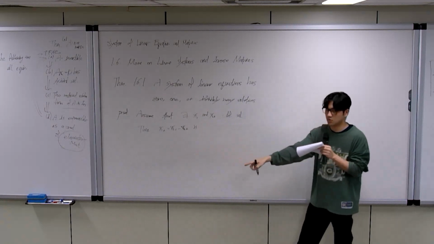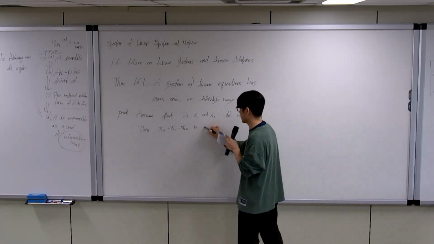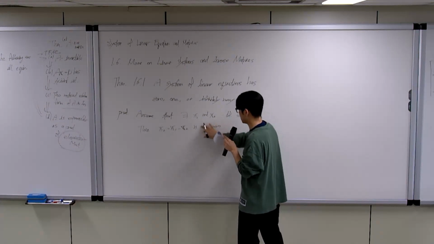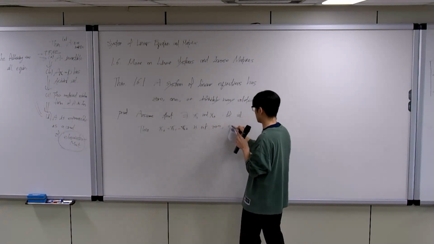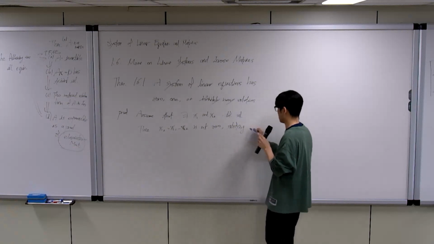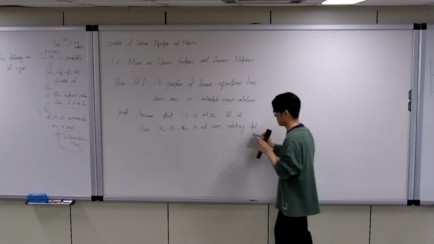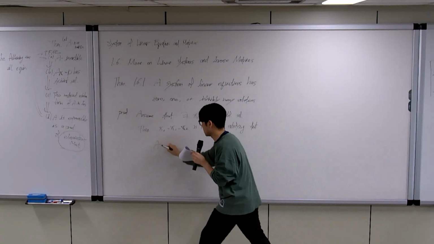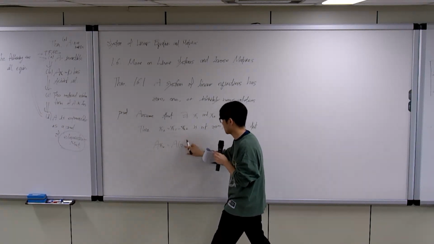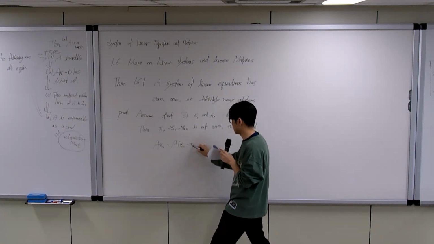Since x1 and x2 are different, x0 is non-zero. And it satisfies that A x0 is equal to A (x1 minus x2).